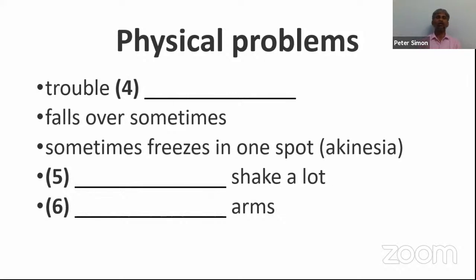The next one, you see, falls over sometimes. So ignore. Sometimes freezes in one point, ignore. Dash, shake a lot. So here there is more than one. That means you have to understand there. Maybe legs shake a lot, or hands shake a lot, or knees shake a lot.